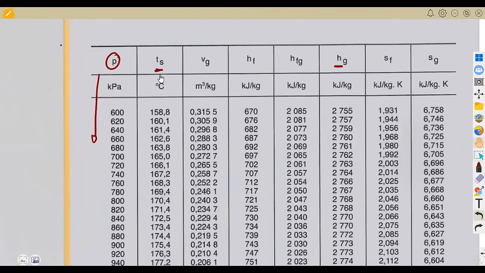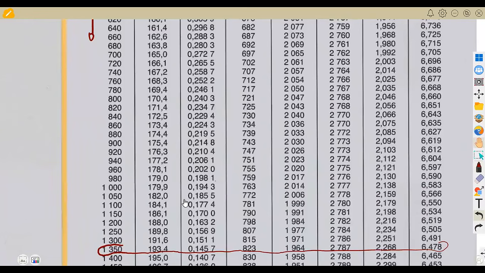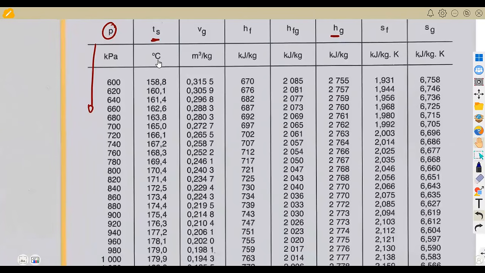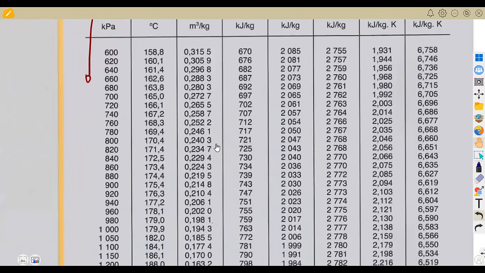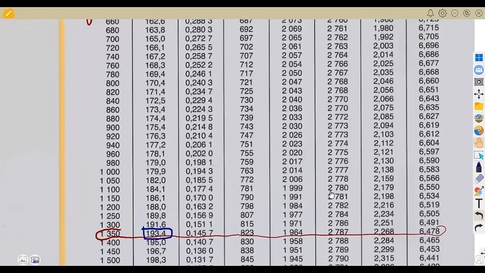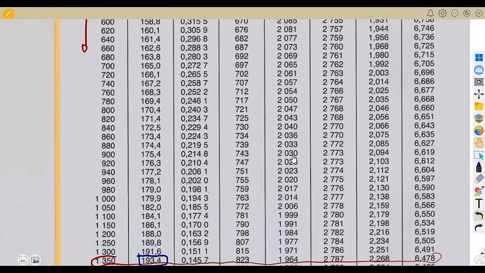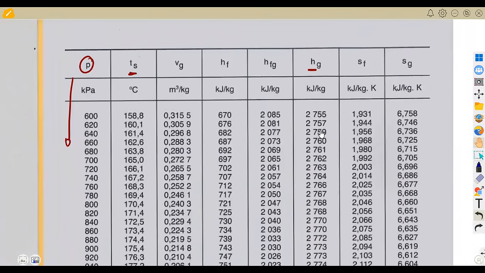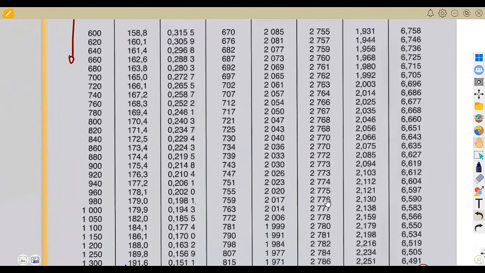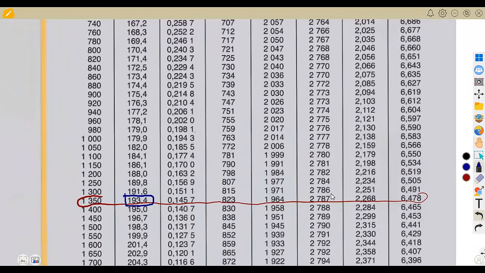All right, so what is our value there? The value for Ts here is this column. So this is our temperature, Ts, which is 193.4 degrees Celsius. Remember, our temperature is in degrees Celsius. Then we also need the value of Hg from that Hg column here, which is 2787.